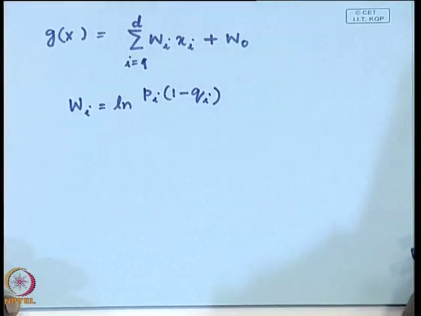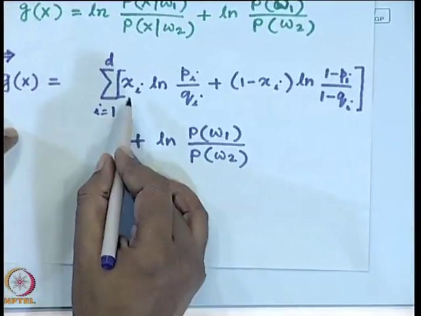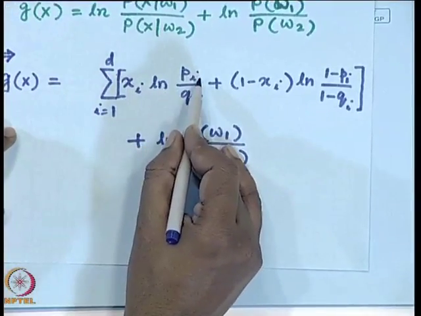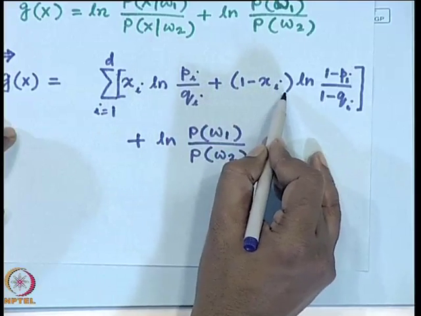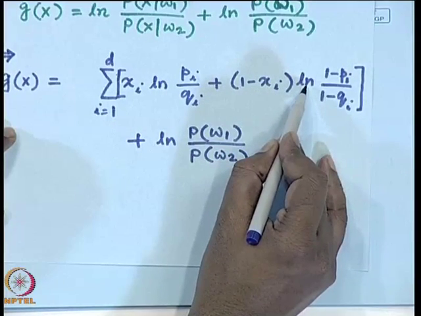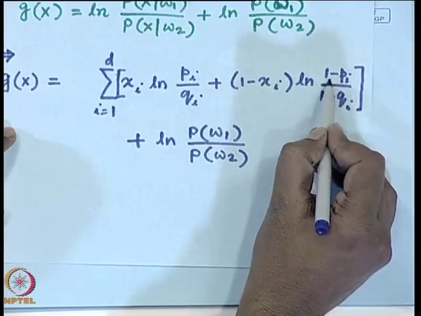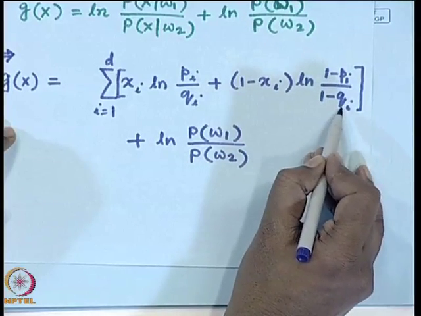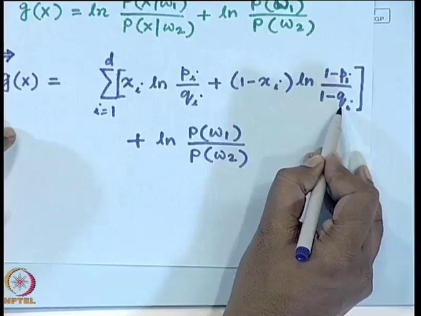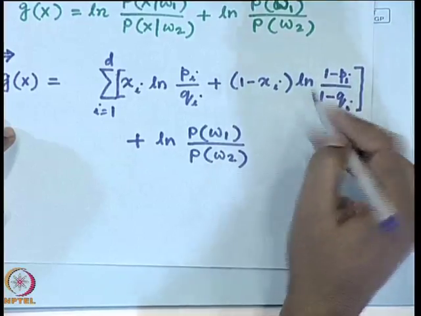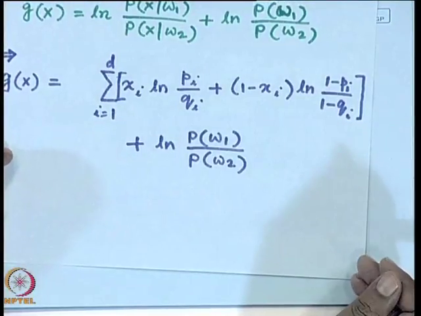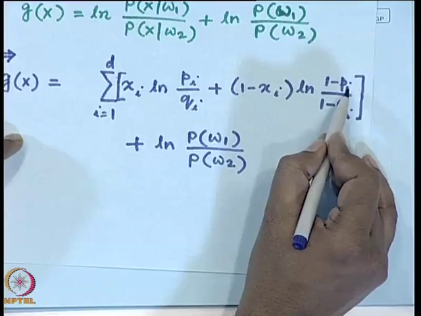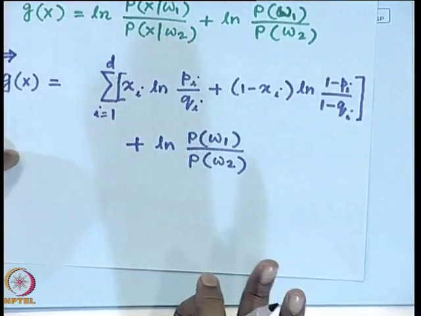That is quite obvious, because you find that this becomes x_i into log of p_i minus x_i into log of q_i plus x_i into log of 1 minus q_i. So, this 1 minus q_i term goes to the numerator and 1 minus p_i term comes to the denominator.